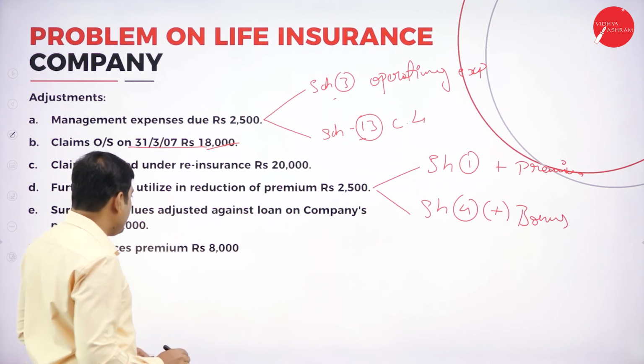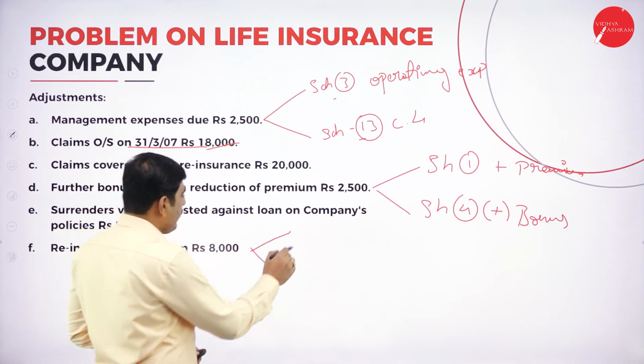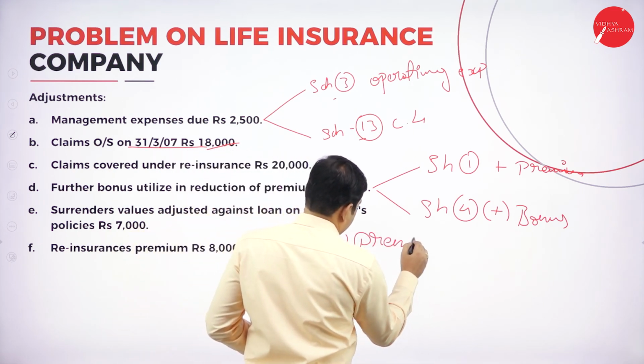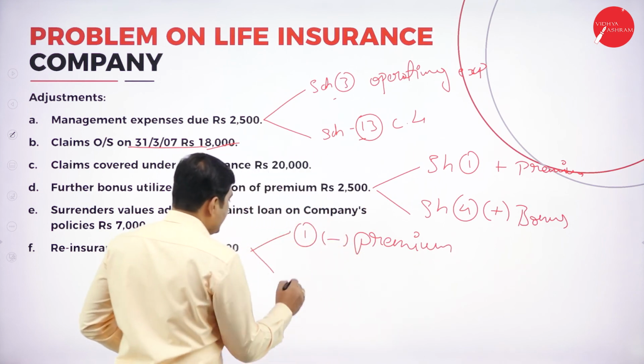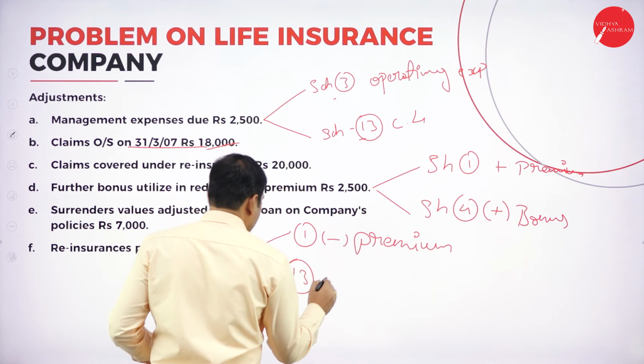Next one, reinsurance premium. Where can we show reinsurance premium? Schedule number 1, minus from premium. Again schedule number 13, current liability.